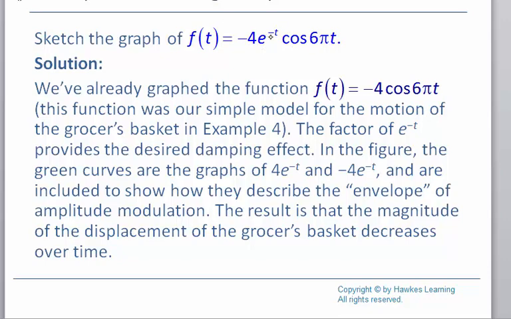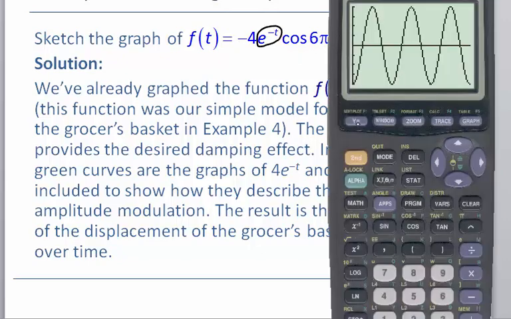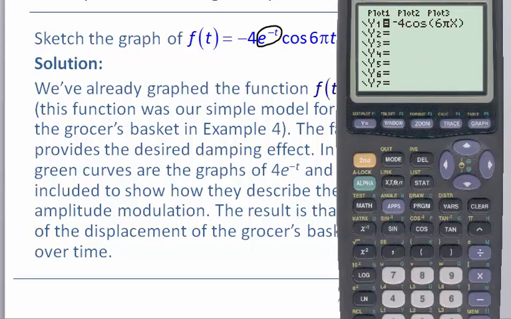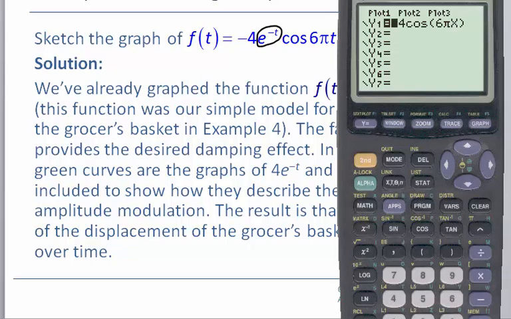Now, the only difference between this function and the one we just graphed is that e to the negative t. Okay, so you can see that what they've basically done is they've just added in, or actually multiplied in, e to the negative t, but the rest of our function and their function is exactly the same.